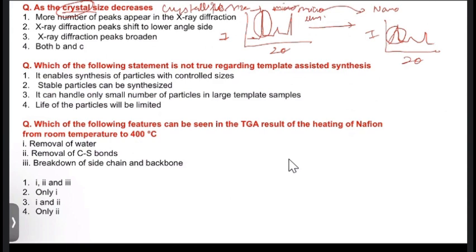Here the peak has become broad because of the nano size. And we have discussed in the previous class, this happens because of the superposition of waves, the incident ray and the reflected rays, happening also at positions above and before the Bragg position.